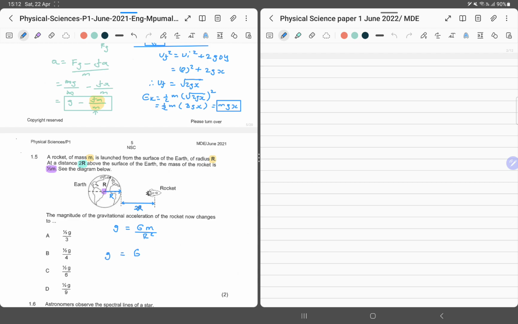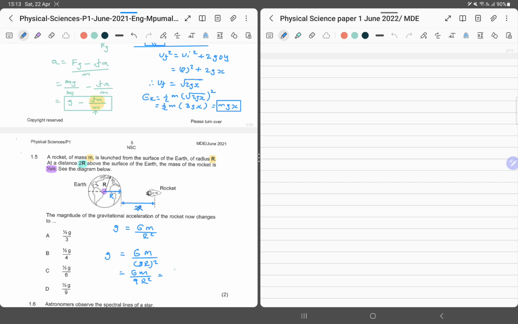It's going to be GM over the distance. Remember, the gravitational acceleration is independent of the mass of the object, but I will show you why. And then here we've got 3r, and then we square that. What happens? We get GM over 9r squared.